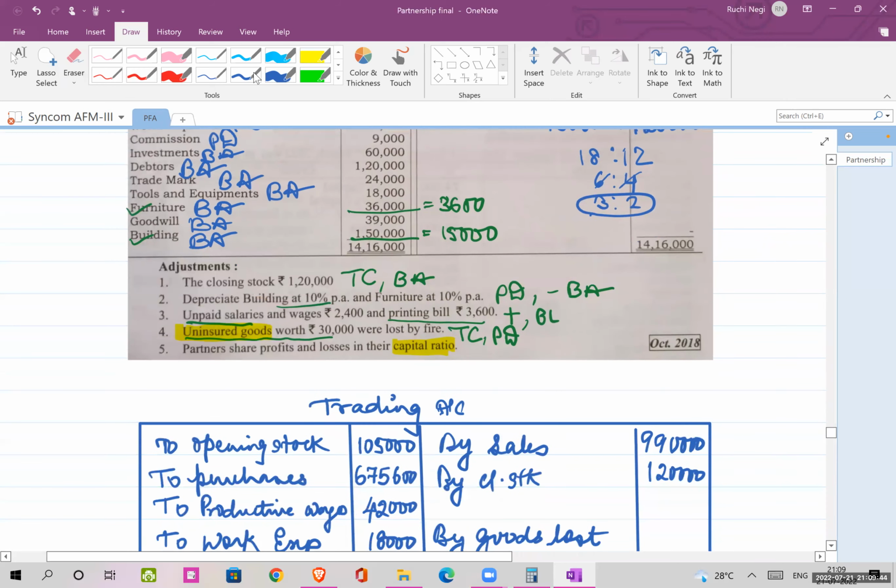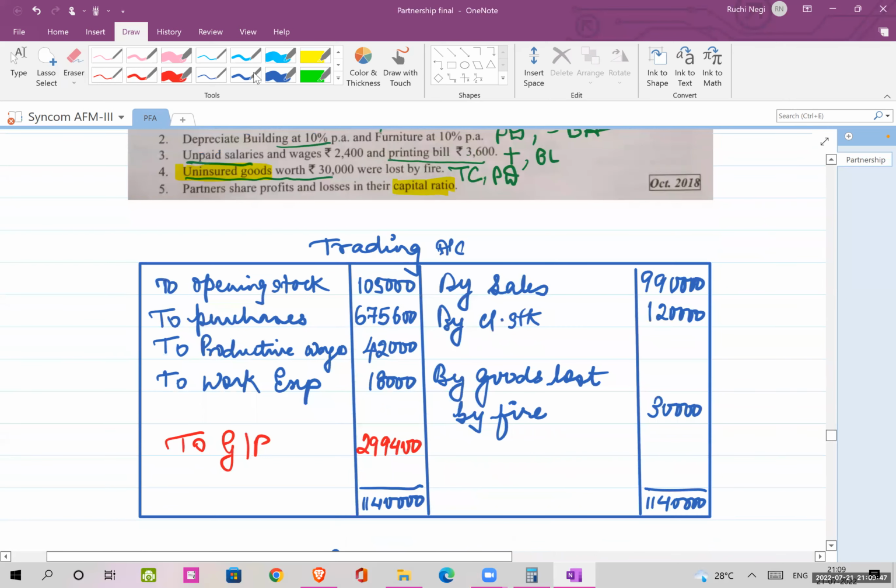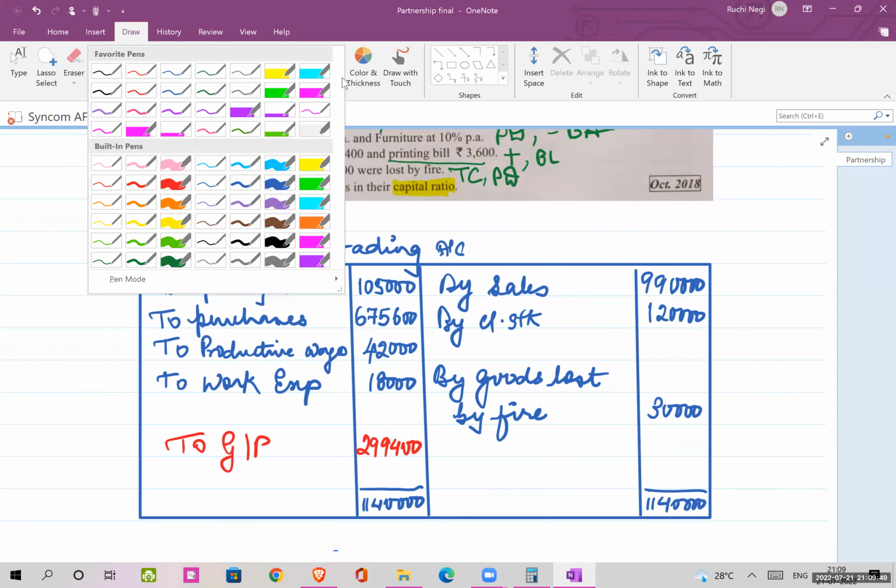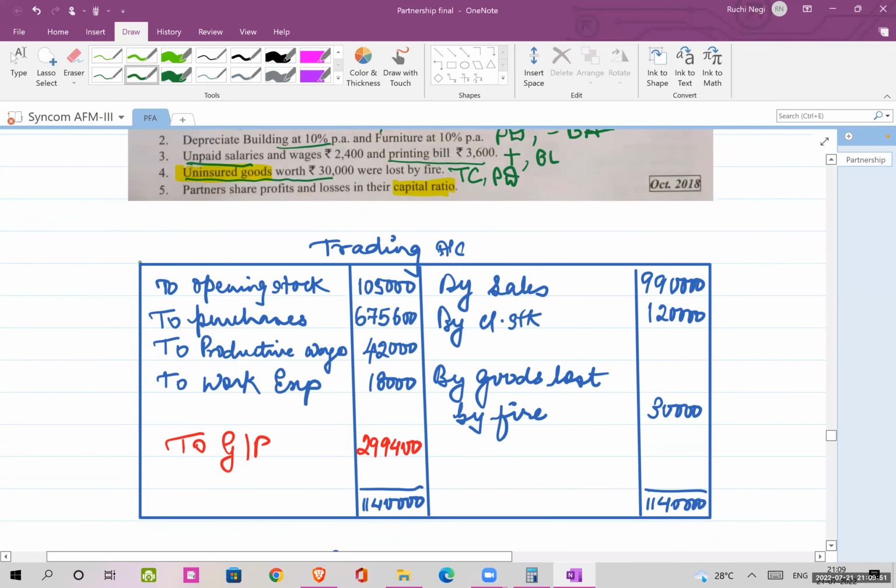Now let's see the effects in the trading account. So this is my trading account and I'm highlighting the ones which have an adjustment because they will have two effects. Here we have opening stock, one effect, trading debit. Purchases, one effect, trading debit. Productive wages, also known as direct wages, trading debit. Factory related expenses, that is called work expense.